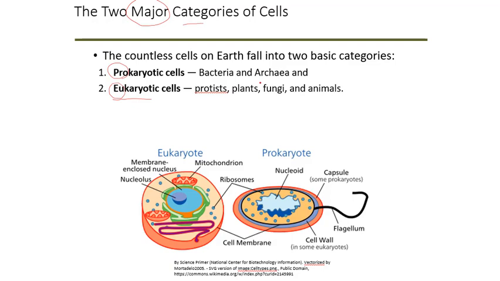So everything that has to do with bacteria is a prokaryote. When we look at plants, when we look at protists, very small aquatic animals, and when we look, of course, at bigger, higher animals, we know that the cells of protists, plants, fungi, and animals are eukaryotic cells.